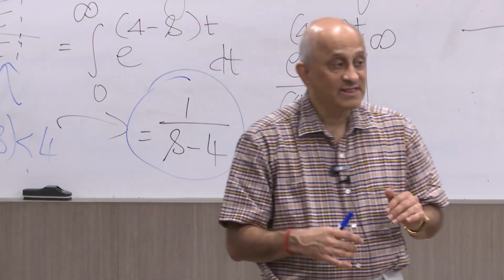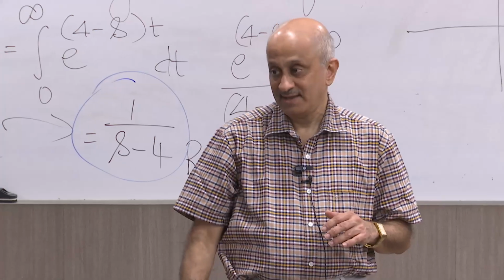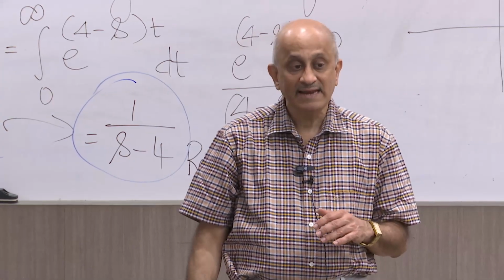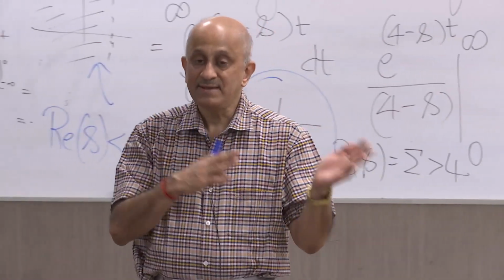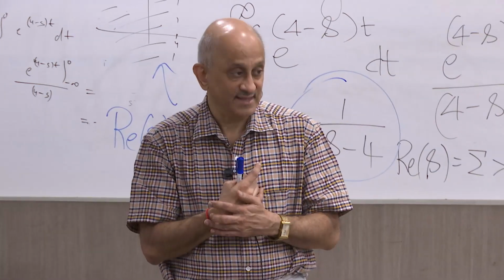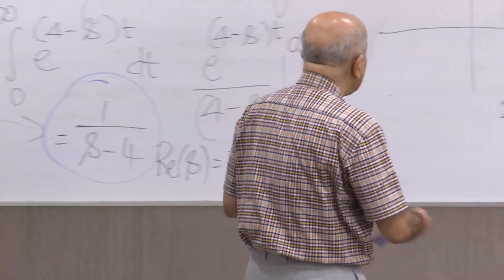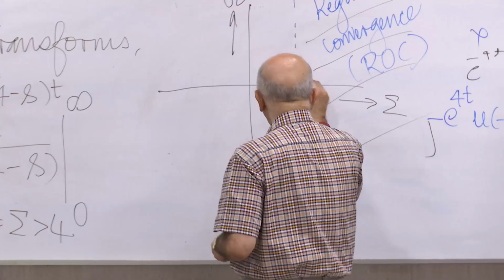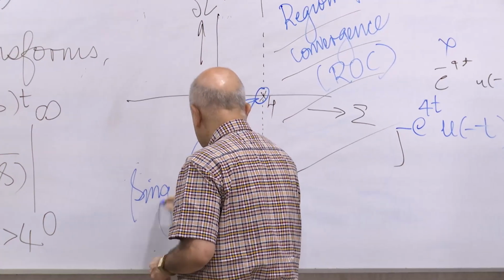In fact, the number of possibilities depends on how the plane is partitioned by the vertical line. Here the plane is partitioned into two regions, so either of the two regions can be the region of convergence, right. Now, this point sigma equal to 4 is called a singularity in the Laplace transform.